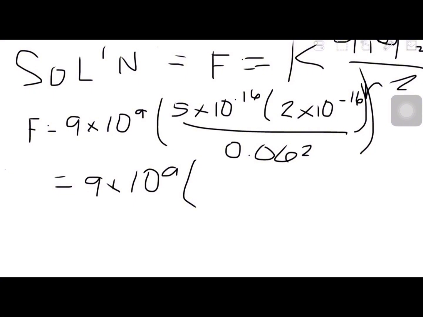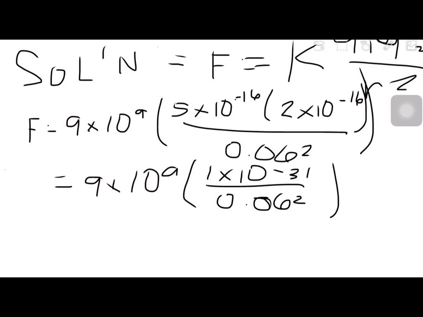So 5 times 10 to the negative 16 times 2 times 10 to the negative 16 would equate to 1 times 10 to the negative 31 all over 0.06 squared. So this would further equate to 9 times 10 to the 9 power, times 2.77778.